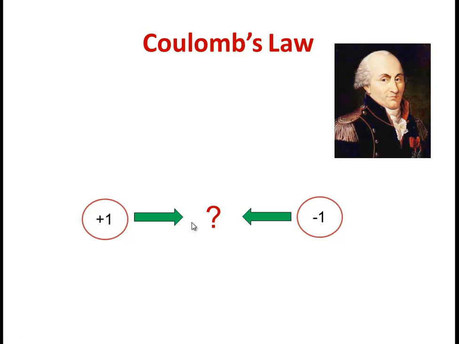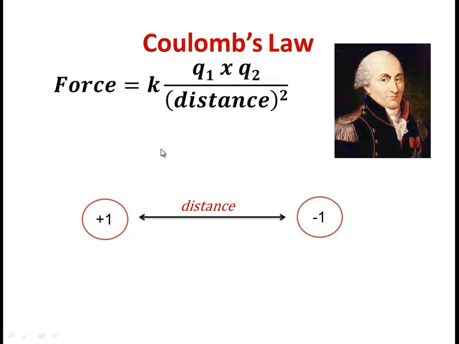Now that's a qualitative description of this situation, but we need a more quantitative description, and that's where Coulomb came into play. Coulomb was able to figure out that if you know the charge on each particle and you know the distance between them, then there's a very well-defined relationship between those two properties, charge and distance, and the force that's operating between them.